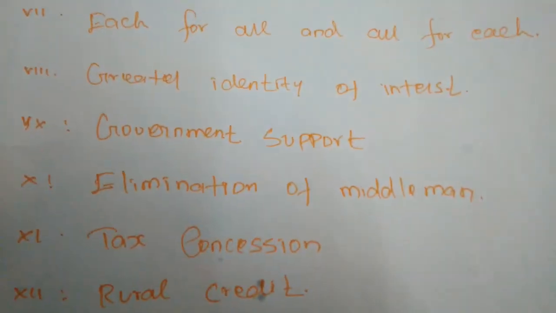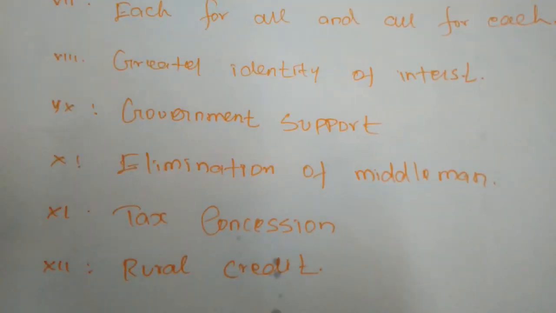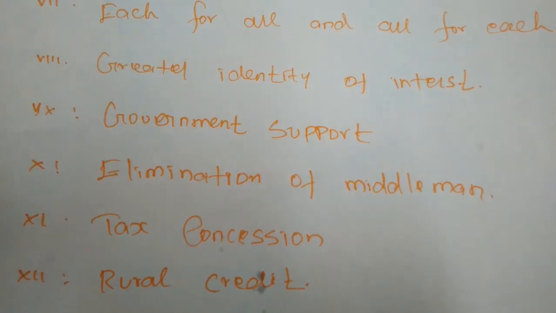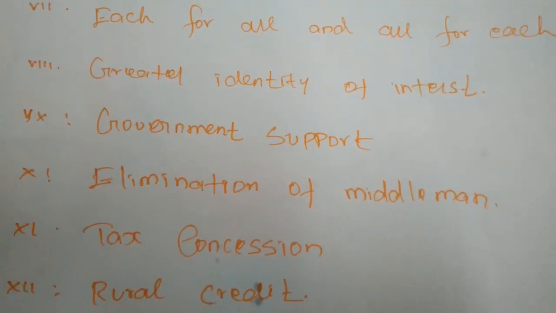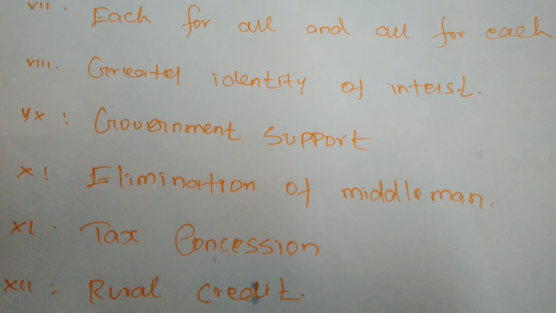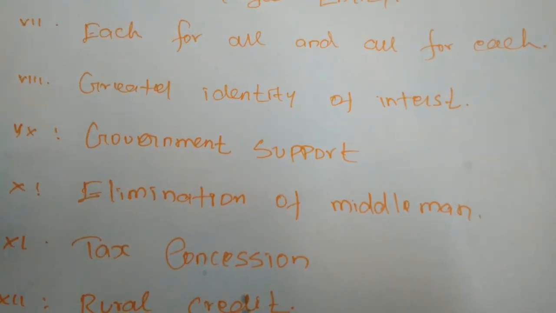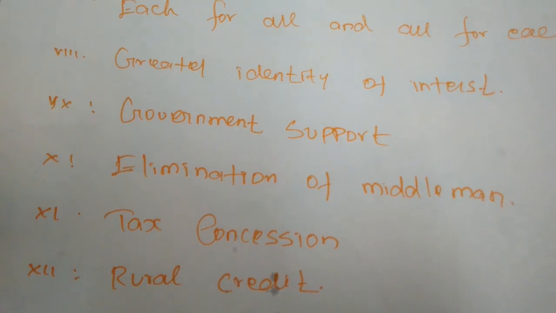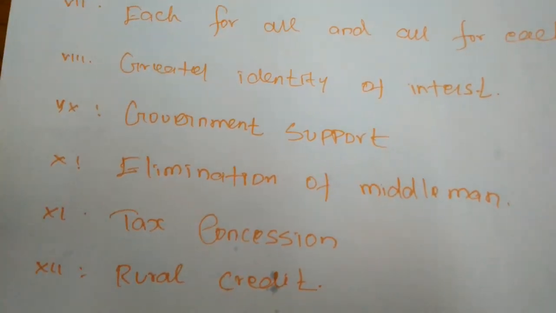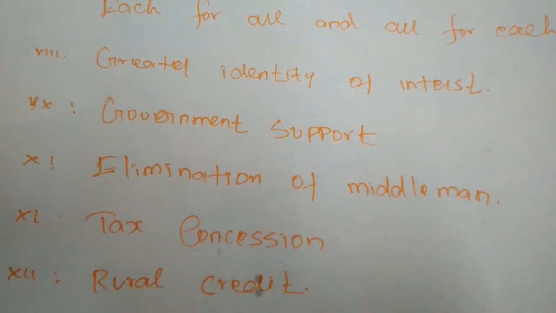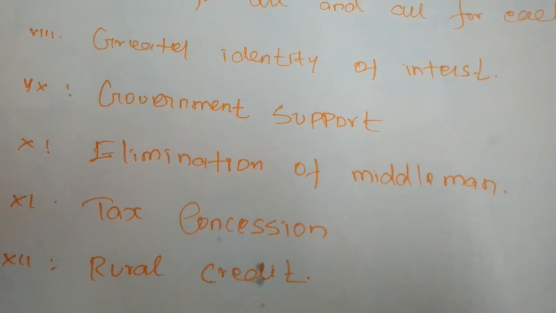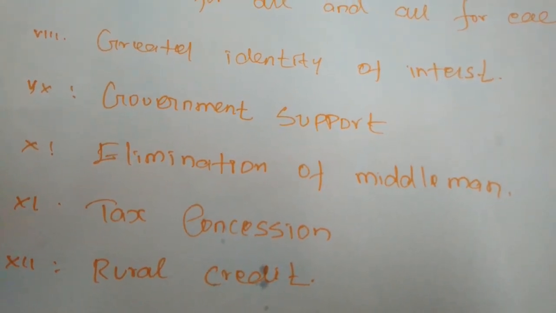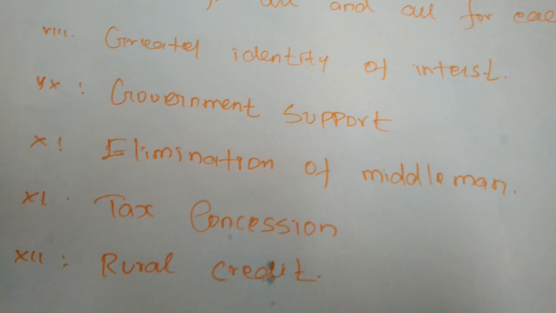Next, government support. For establishing cooperative organizations, the state government and the central government also support and help improve them. Next, elimination of middleman. Normally the middleman is the cause of increasing the price of commodities.